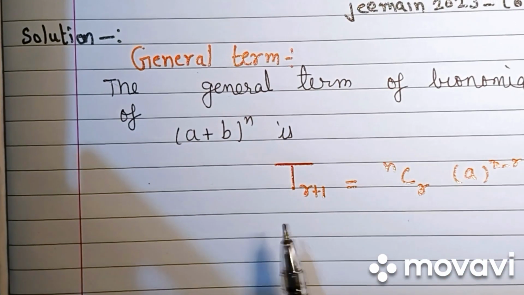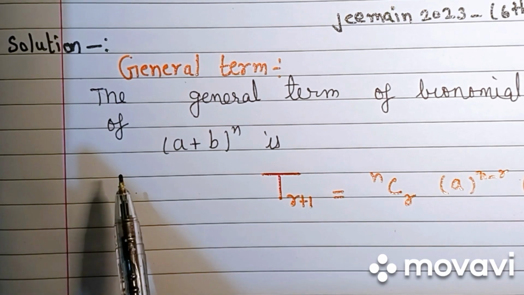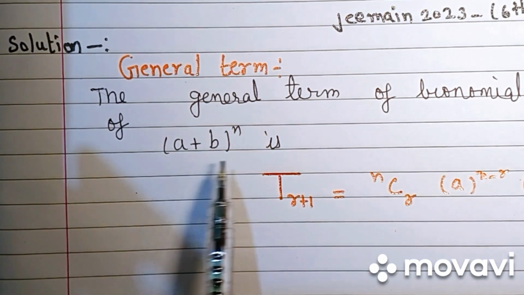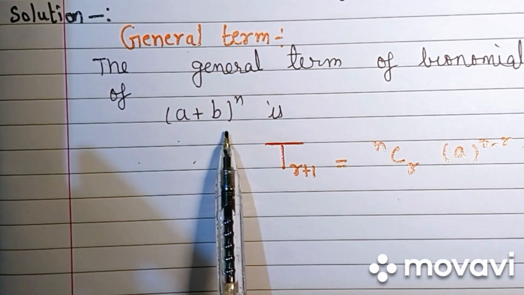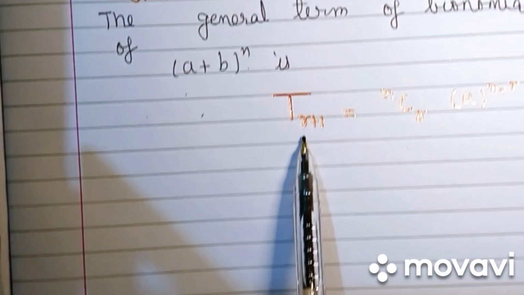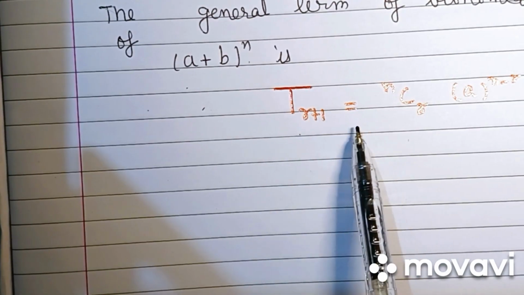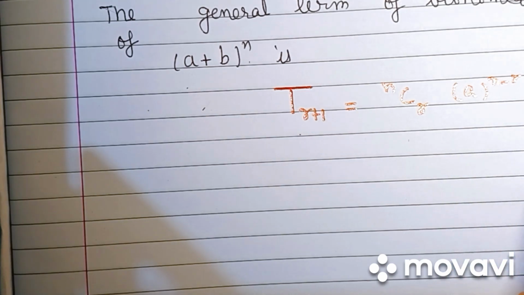For finding any coefficient of a binomial expansion, we should first know the general term of a binomial expansion. The general term of the binomial expansion of (a plus b) raised to n, the (r plus 1)th term, is T(r+1) equal to nCr a to the power n minus r and b to the power r.